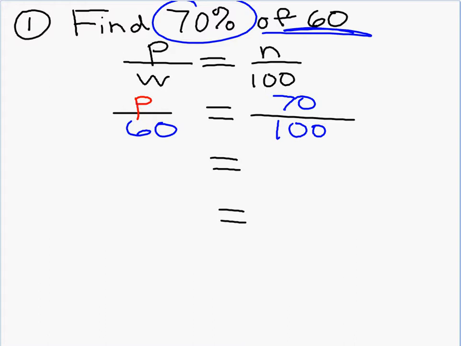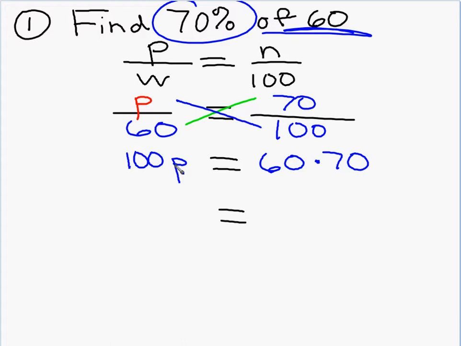So on this problem, we're not going to skip steps here, we're going to multiply 60 times 70, and I actually want you to write that out, 60 times 70. I don't want you to skip to multiplying it out in your calculator. I want you to physically write out 60 times 70. And then I'm also going to cross multiply the other way, 100 times p, and I can just write 100p like that.